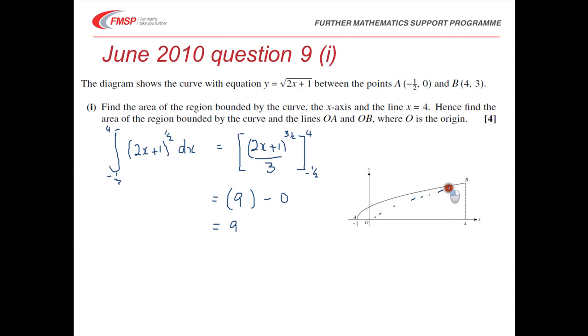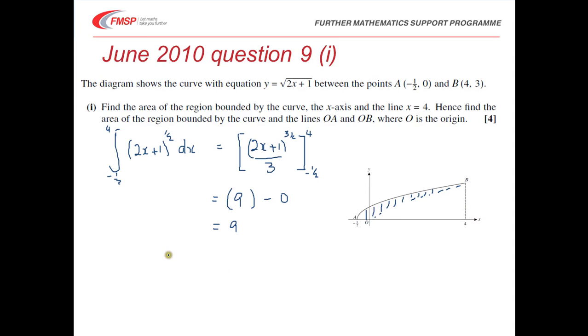So effectively we are wanting to find this area in here. So what we'll need to do is we'll need to find the area of the triangle OB down to this point 4.